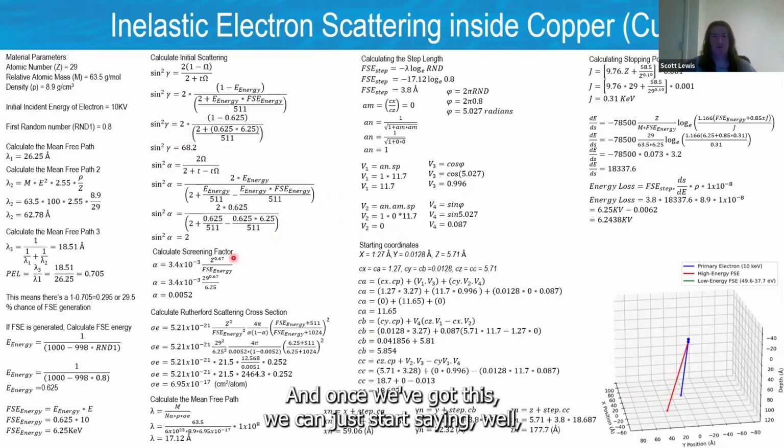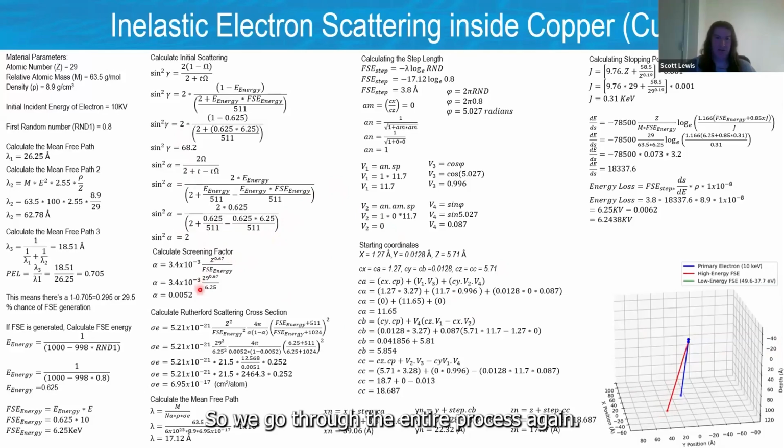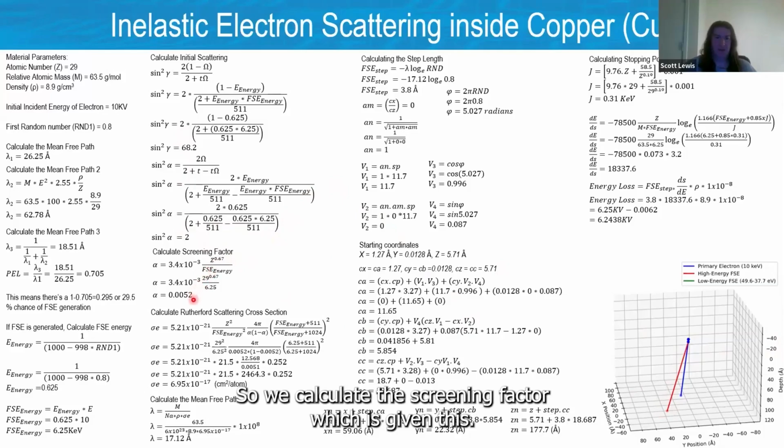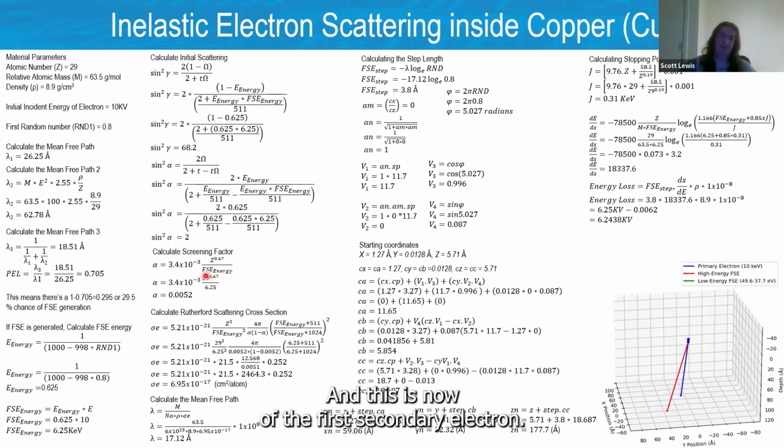Once we've got this, we can just start saying, well, it's an elastic scatter, so we go through the entire process again. We calculate the screening factor, which is governed by this, and this is now for the fast secondary electron, so that's that energy of 6.25.